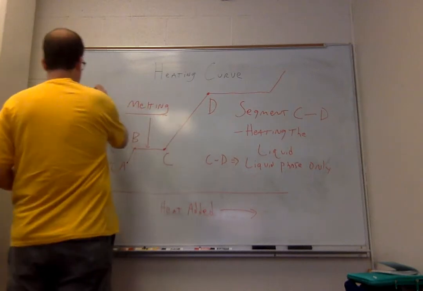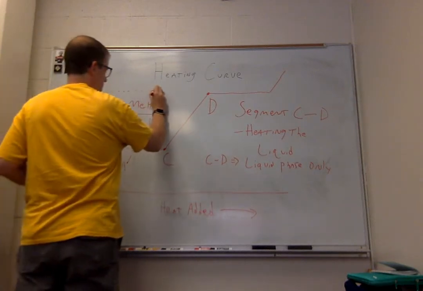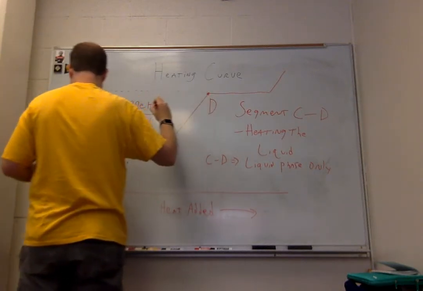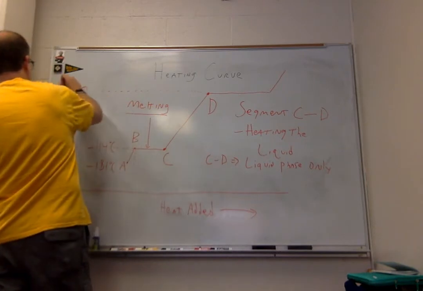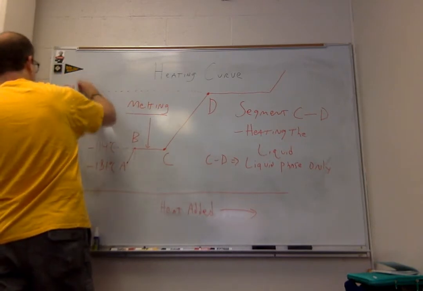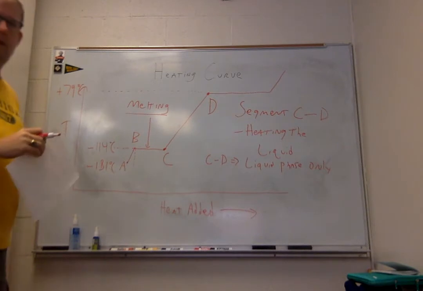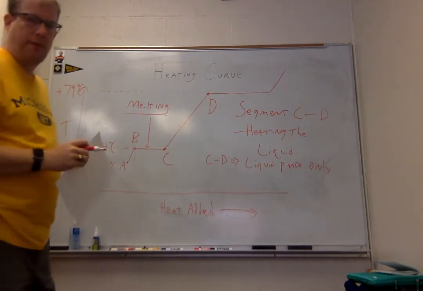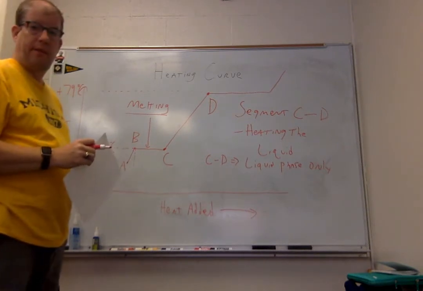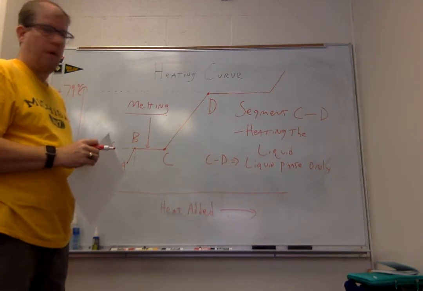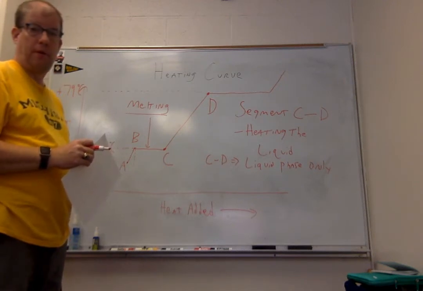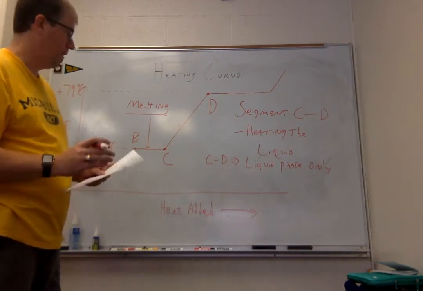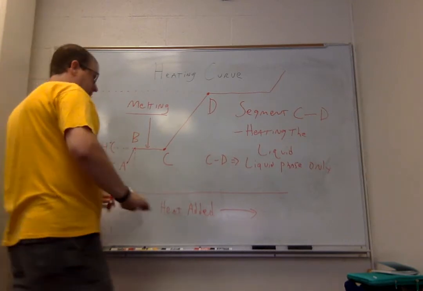Point D, if we extrapolate to our temperature scale, what you'd find is that that intercepts the y-axis at plus 79 degrees C, which of course then is the boiling point of ethanol. So that's what point D is.